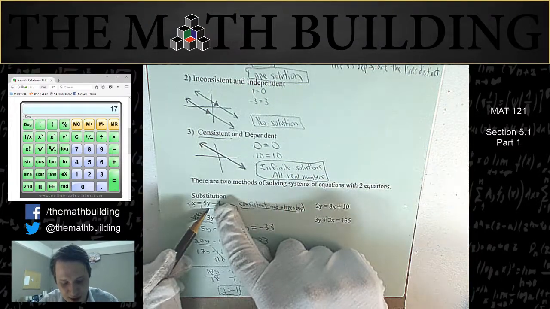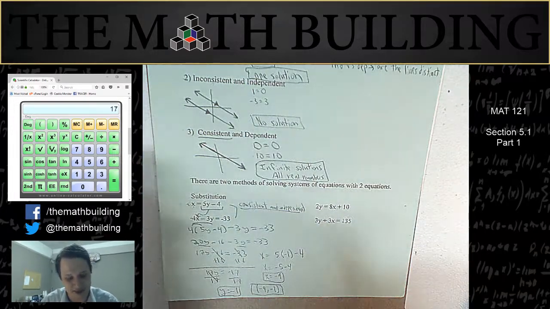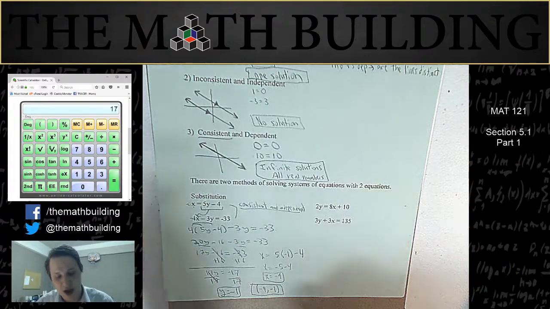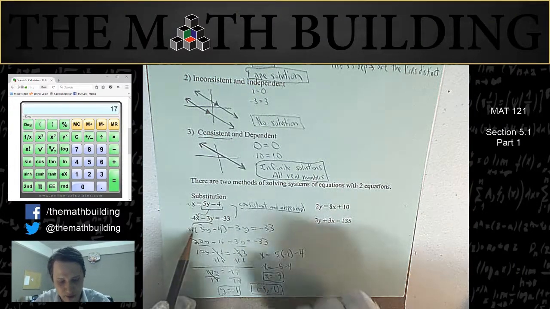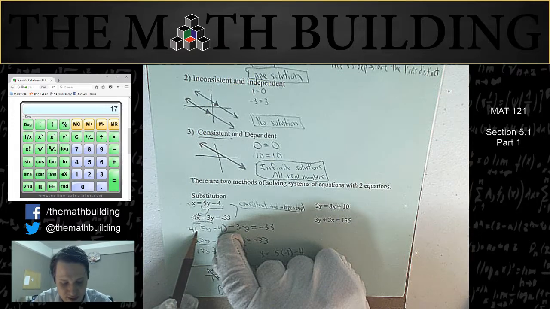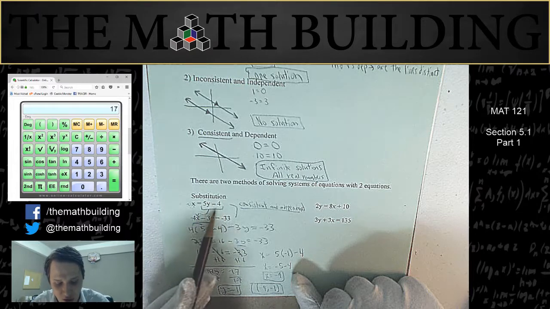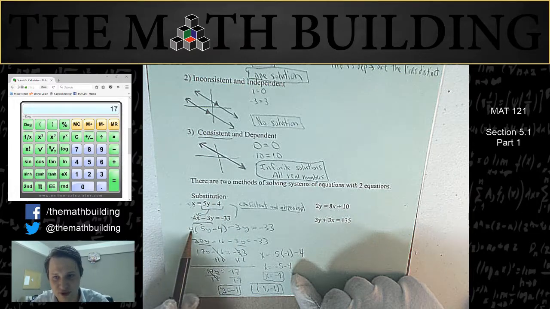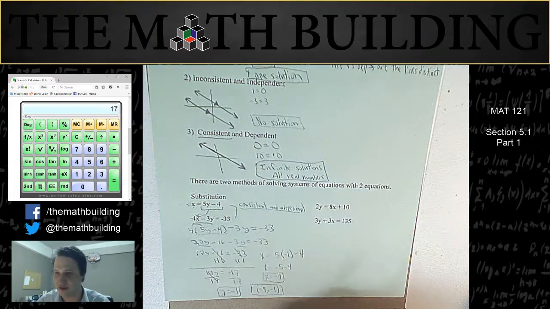Never take 5y minus 4 and put it over here to replace that x, because then you get the same thing equals itself. Another thing to watch out for: do you see when I plugged this in for x, I had to put parentheses around it because this was 4 times x. And since x is all of this amount right here, I need to do 4 times the entire amount, which is why it needed to go into parentheses.